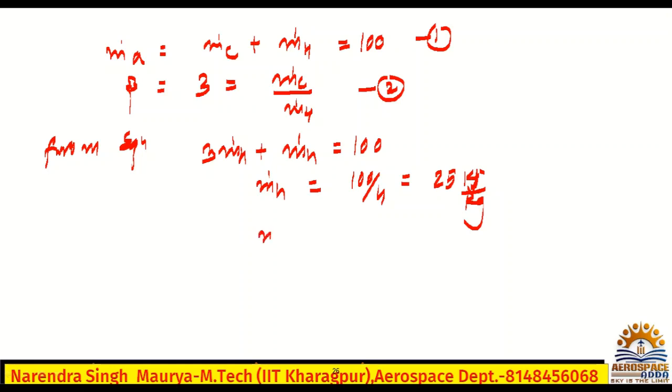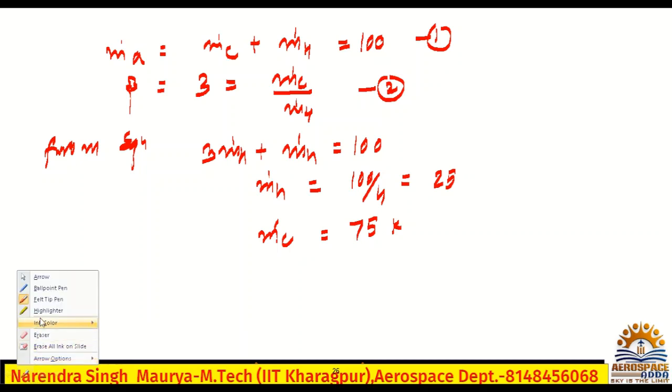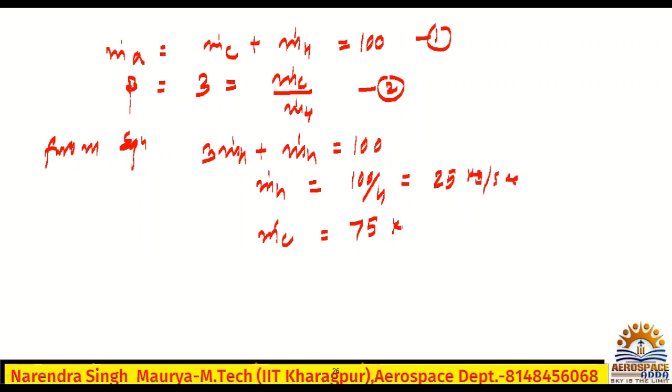So what will be m dot c now? m dot c will be 100 minus 25, which is 75 kg per second.